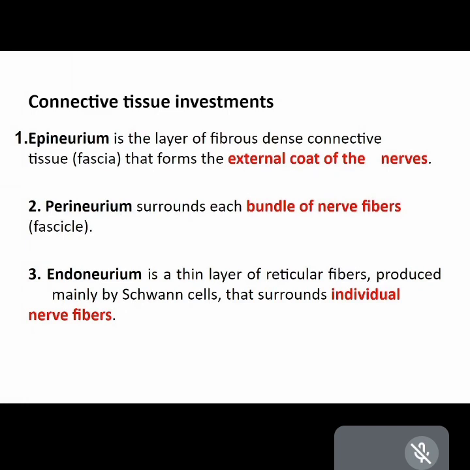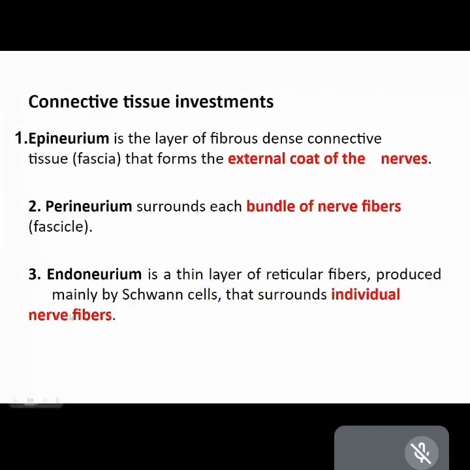Perineurium surrounds each bundle of nerve fibers, and the endoneurium is a thin layer of reticular fibers produced mainly by the Schwann cells that surround the individual nerve fibers.